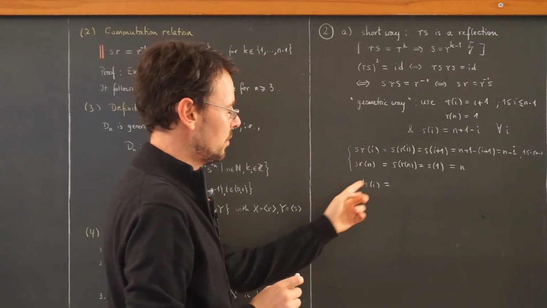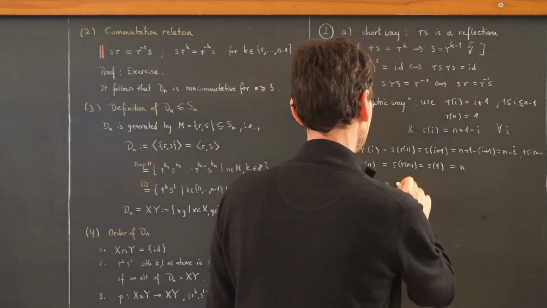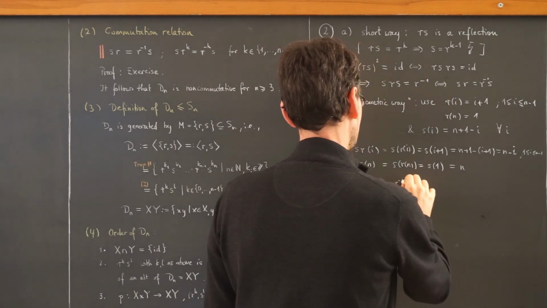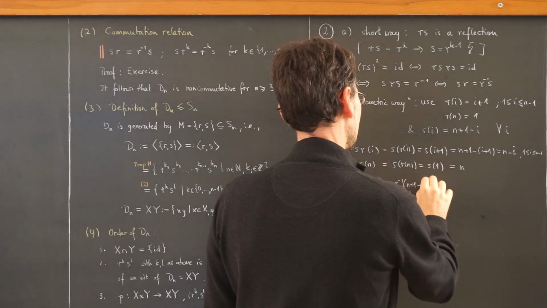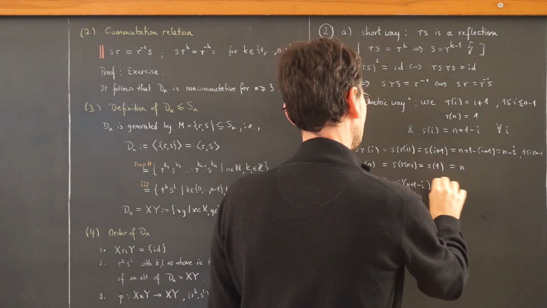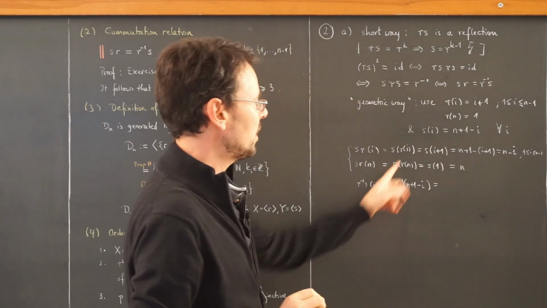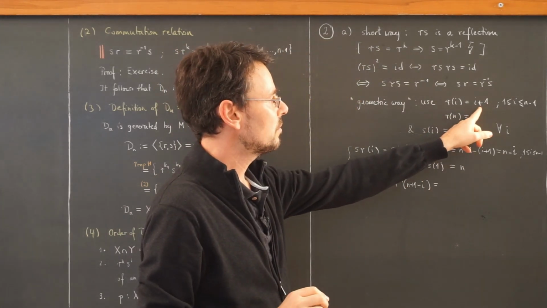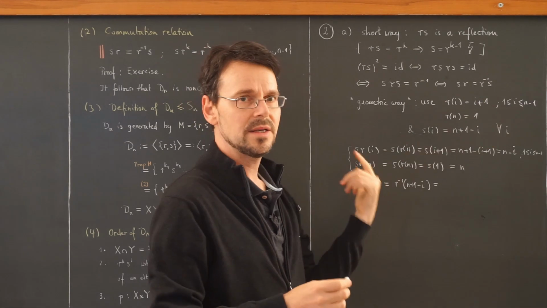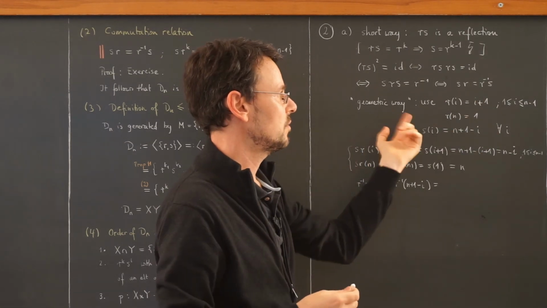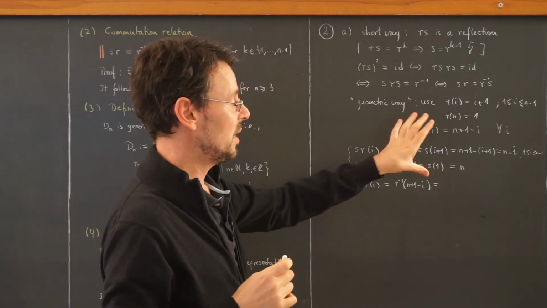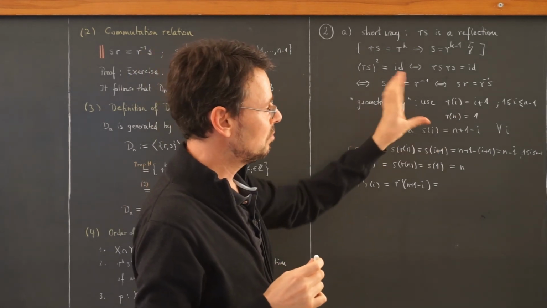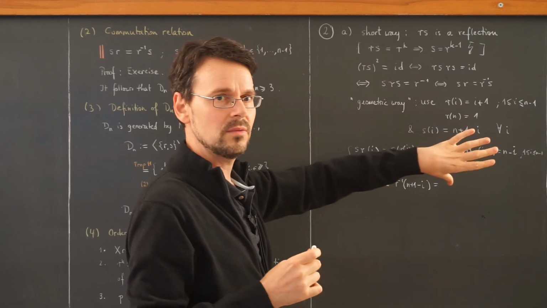Now R inverse S applied to I is R inverse of n plus 1 minus I. Now what does the inverse do? Of course it moves I to I minus 1, because the composition of those maps is the identity. Or geometrically, we just move the n-gon in the other direction.